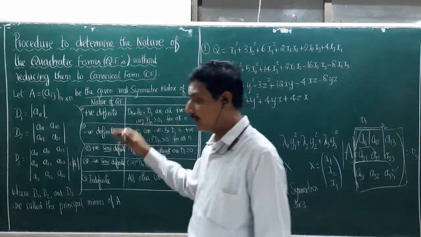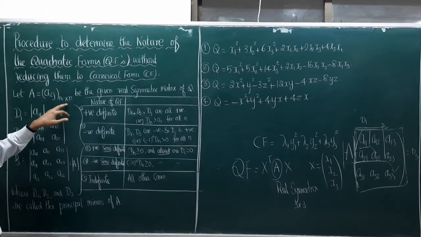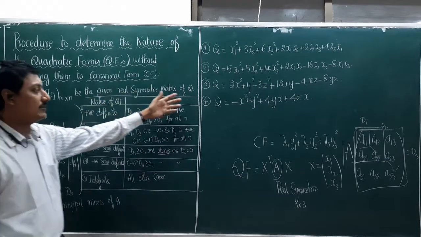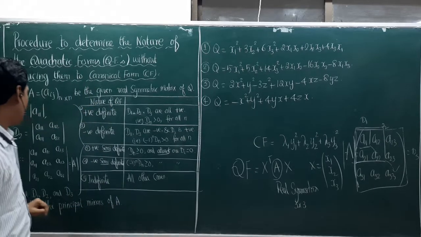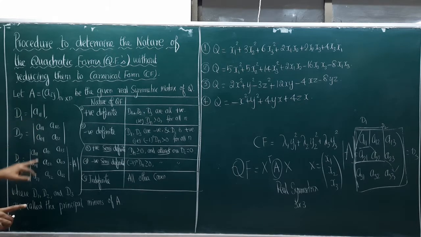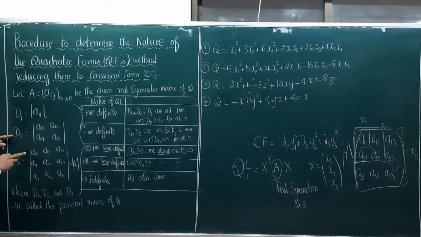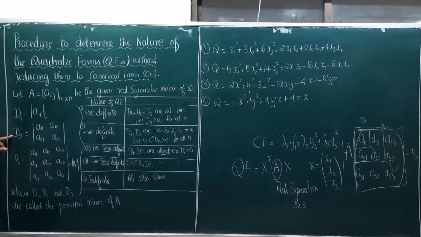So let's see the procedure. Let A equal to Aij of n by n be the given real symmetric matrix of Q. To determine D1, the first principal minor, take only the first diagonal element, the determinant A11. D2 is the 2 by 2 determinant, where the first and second principal diagonals are included, that is A11, A12, A21, A22.